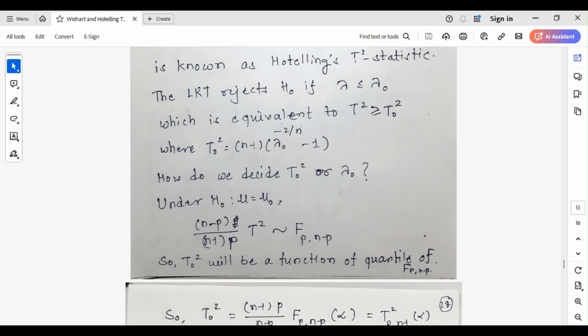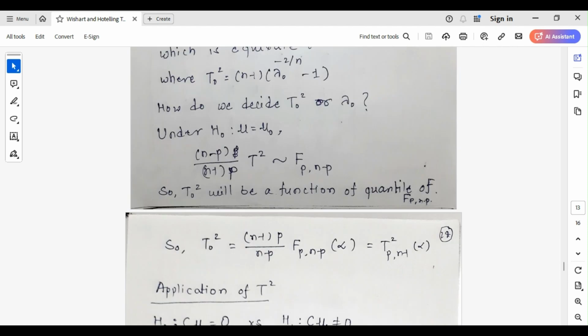So the cutoff t naught square can be found by looking at the quantiles of the F distribution. Because of this constant, t naught square will not be exactly equal to the quantile, but some adjustments need to be done. So this was all about the Hotelling's t square statistic. In the next lecture we shall see how we apply this t square statistic.